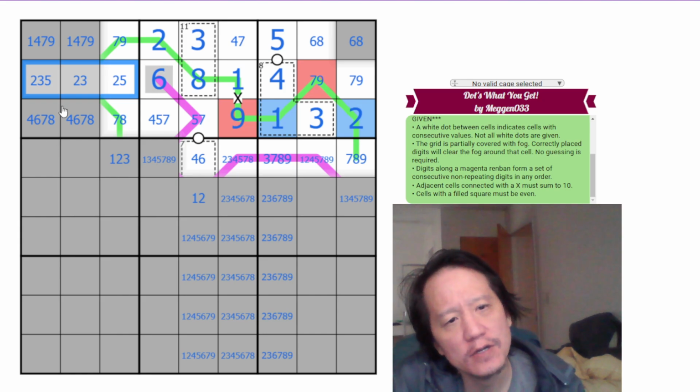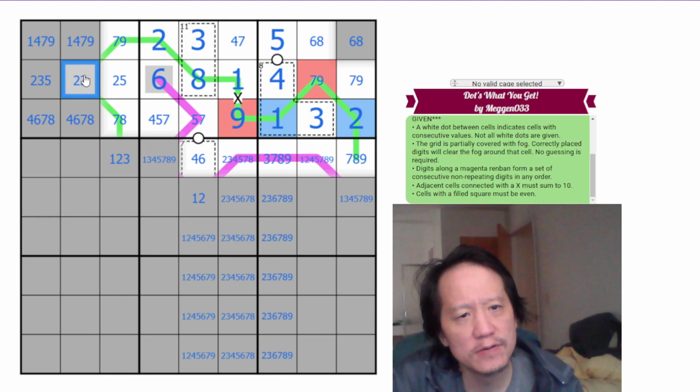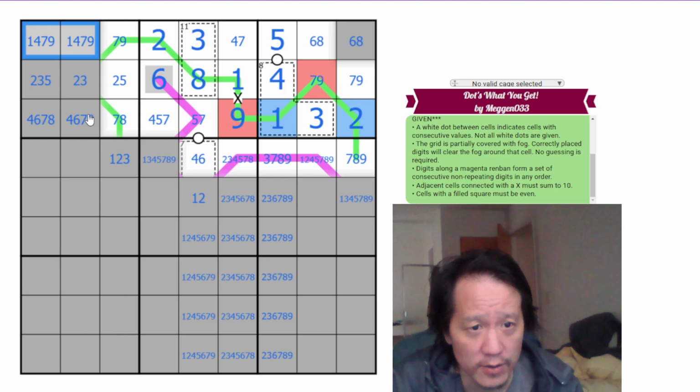Interesting, okay. If 2 is here, this cannot be 1, 4, so this is 7, 9. Right? 7, 9, 7, 9, this would have to be 8. So this would be 4 either way there, specifically. Because 1, 4 cannot be there.